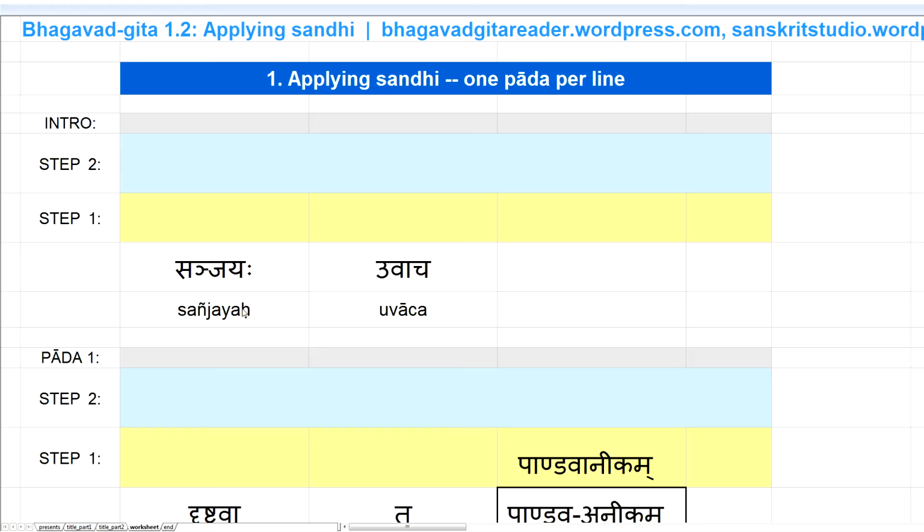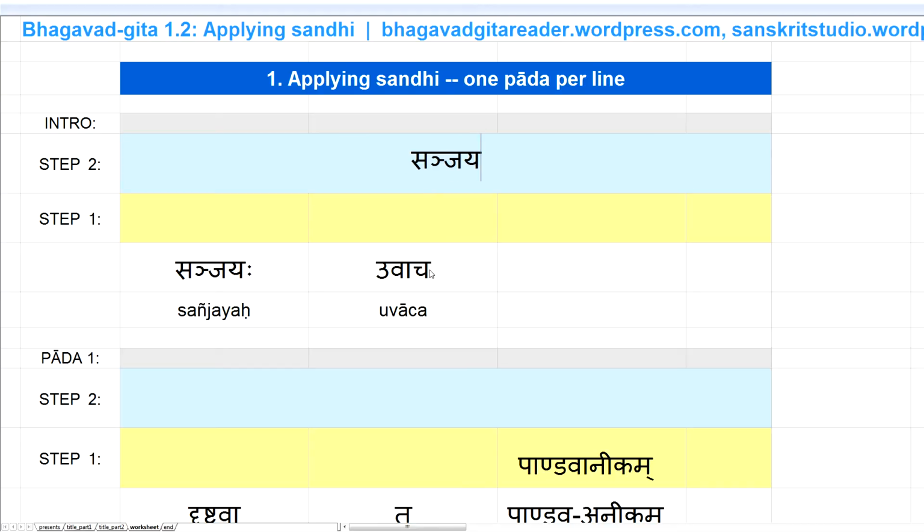Okay, let's start with sanjaya uvaca, and here we have a visarga at the end and a in the beginning, and when we do sandhi of those, that means that the visarga disappears.